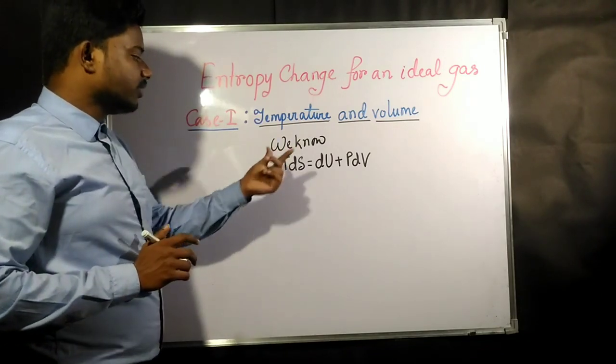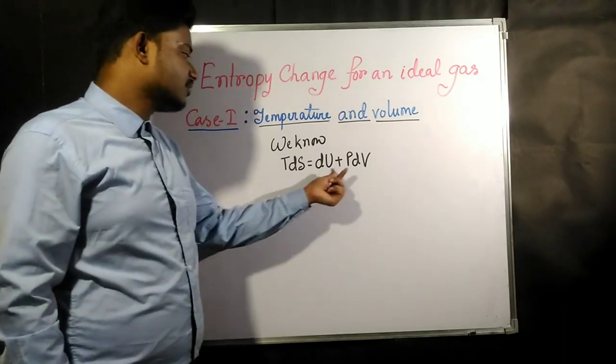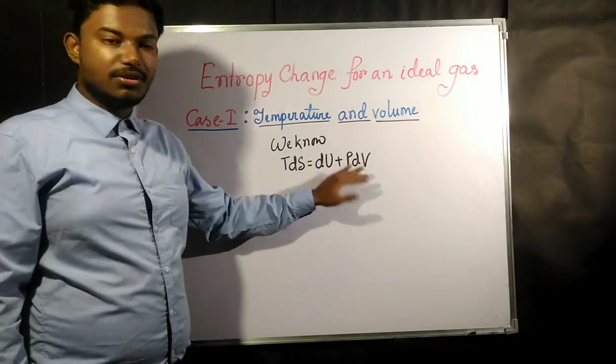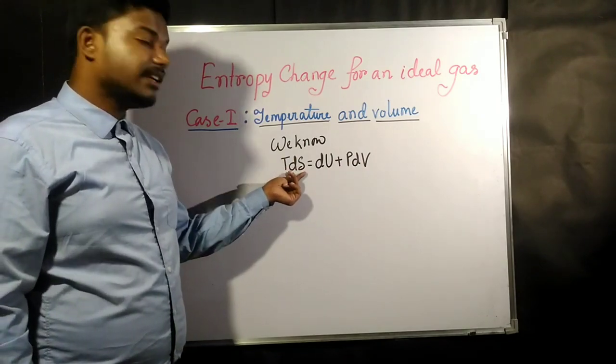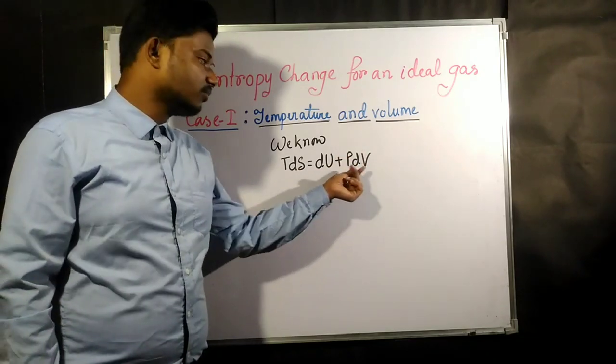We know that TdS is equal to du plus PdV. This is the equation we know. Actually, the equation was heat transfer is equal to change in internal energy plus work.